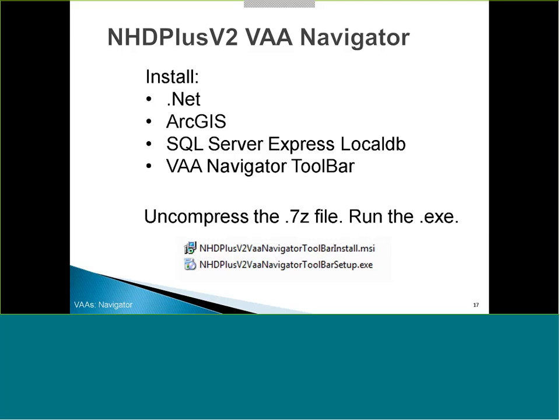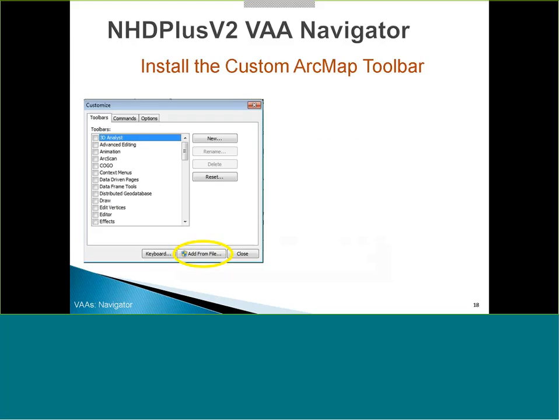All these things come as 7Z files, so you download them, you uncompress them, and you run the install EXEs to get all the pieces installed. Once you have it installed, you have to add the toolbar to ArcMap as a custom toolbar.